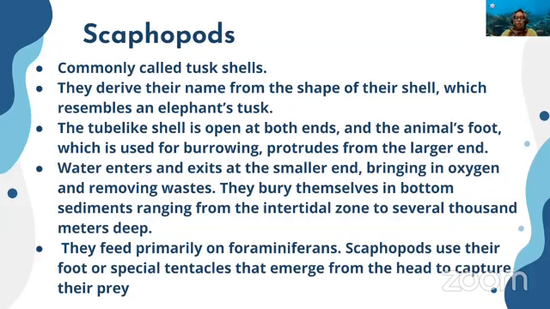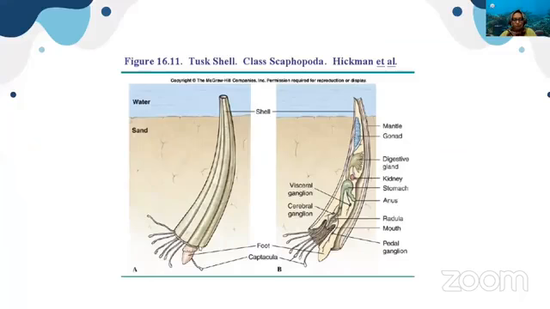Down here you can see they have this foot, and also special tentacles, so they can capture their food. These tusk shells usually feed on foraminiferans, minute organisms.